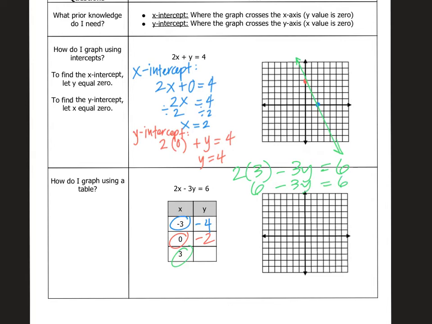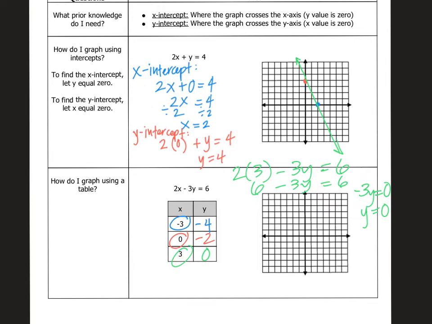I have to subtract 6 on both sides because the 6 is positive. So minus 6, minus 6, that's going to give me negative 3y equals 0. If negative 3y equals 0, then I know that y equals 0. So when x is 3, y is 0.